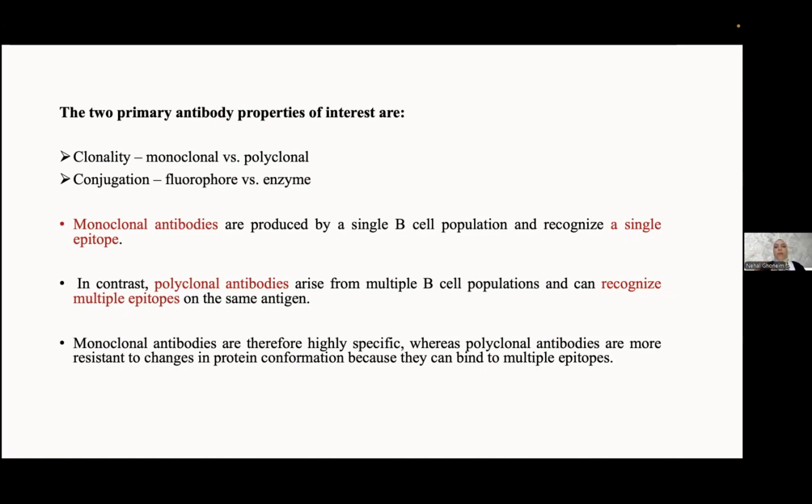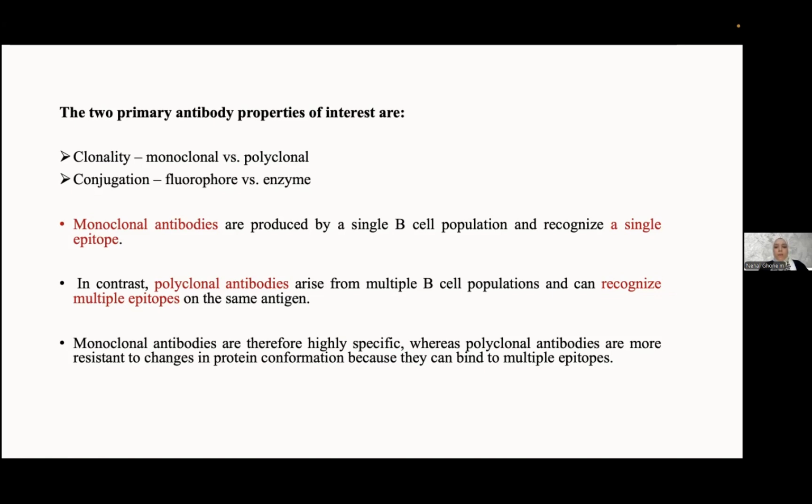But if we have protein conformation changes, and we are not sure about the conformation changes of our proteins, then using polyclonal antibodies to detect more than one epitope is advised.